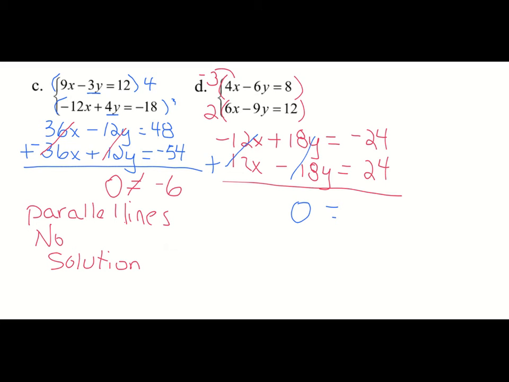But now look, negative 24 plus positive 24 is also going to give me a 0. So when you have 0 equals 0, or you get 2 equals 2, or something like that, that works. So this means these two equations here are the same line, and your answer can be all real numbers. It's the same line, so it's one single line.